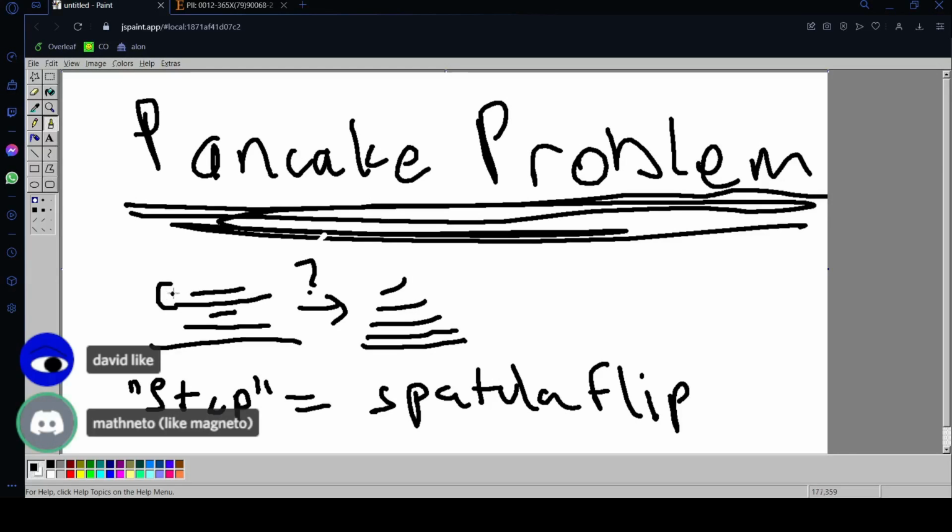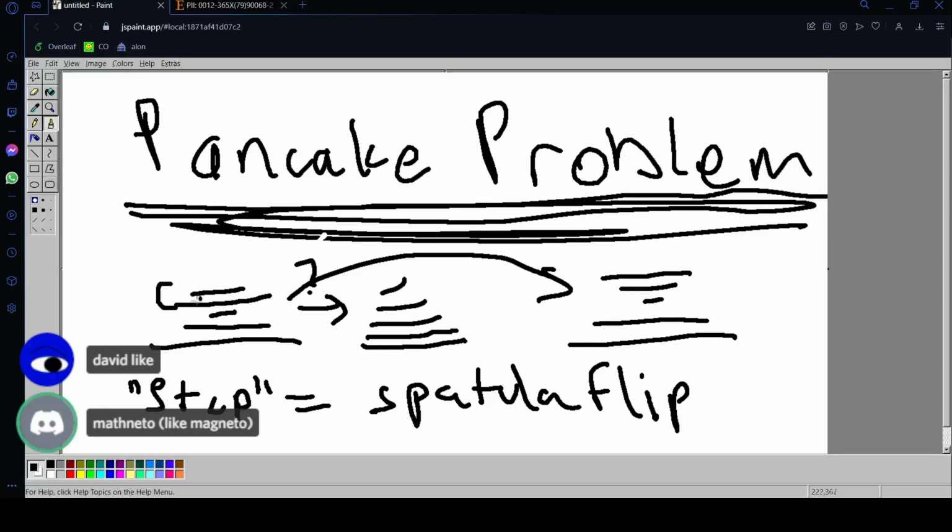Flipping these pancakes would send us to this configuration. You see, it's not the bottom and top swapped, or the top and second top swapped. We'd want to use a number of spatula flips so that we eventually end up with the sorted thing.